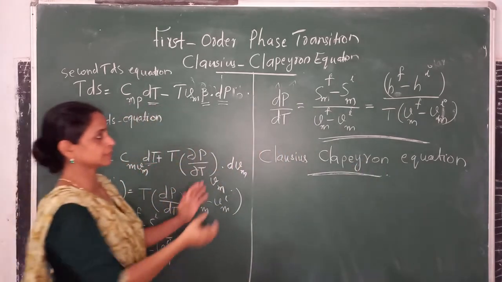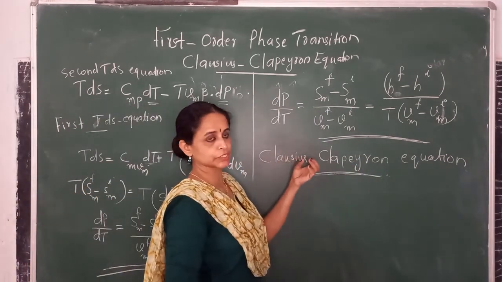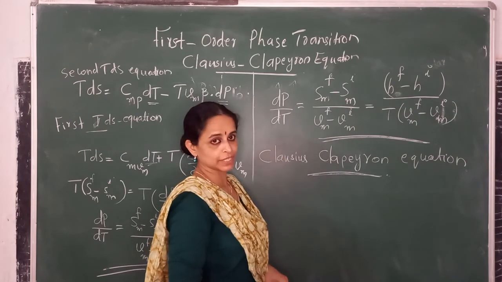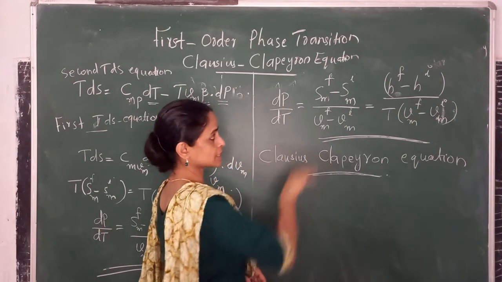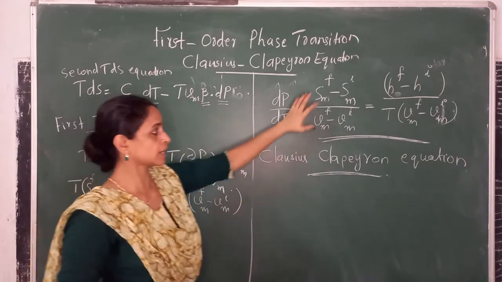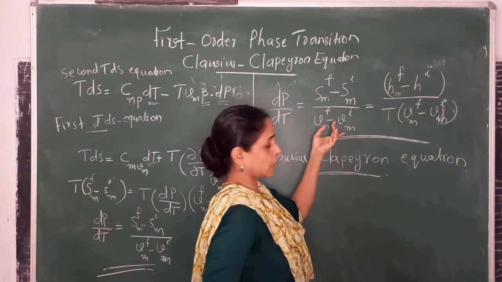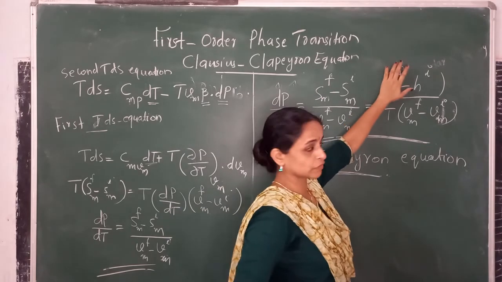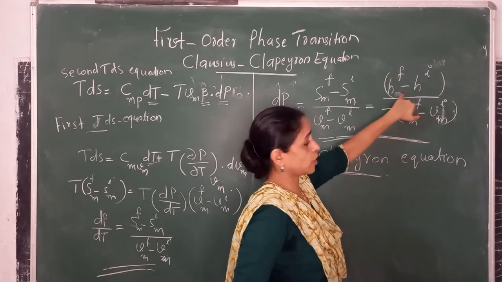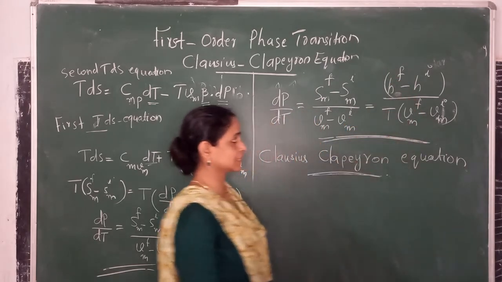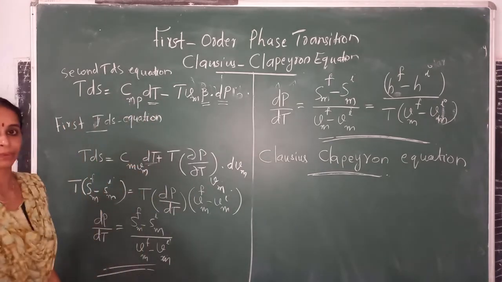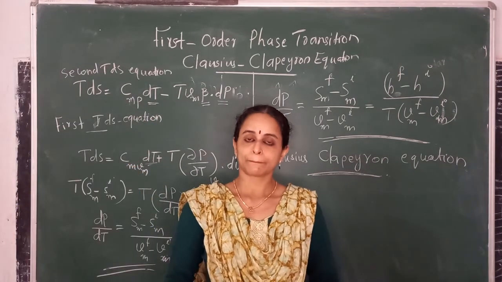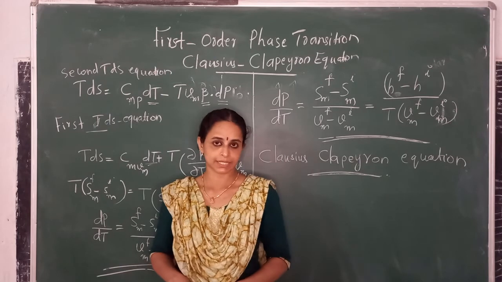So this gives the change of pressure with the change of temperature during a phase transition. It connects the molar entropy and molar volume, which change during a phase transition, to the molar enthalpy as shown. So this is the Clausius-Clapeyron equation. It applies only to the first order phase transition.